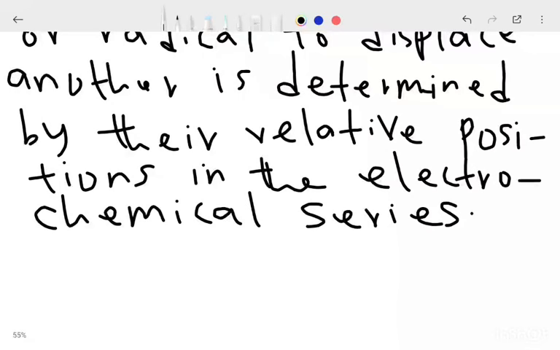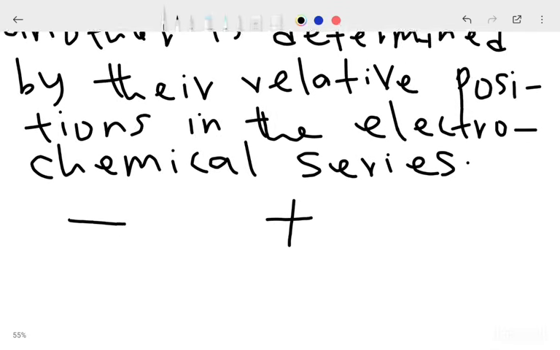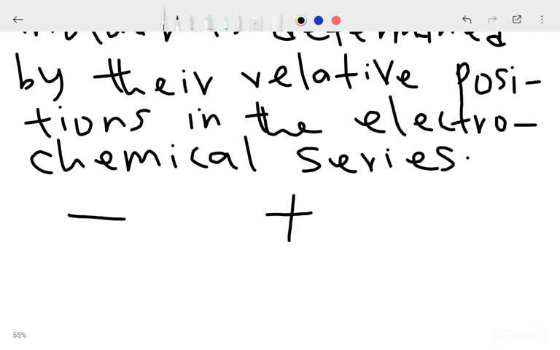There are some elements we call electropositive elements, in the aspect of positivity. This one is negative, right? This one is positive, right? So there are some elements that are very electronegative, meaning in the negative aspect, while there are some elements that are very electropositive, they are very positive. Are you getting it?